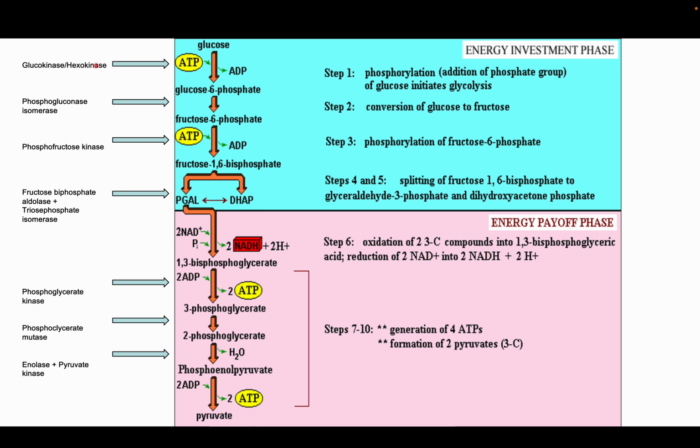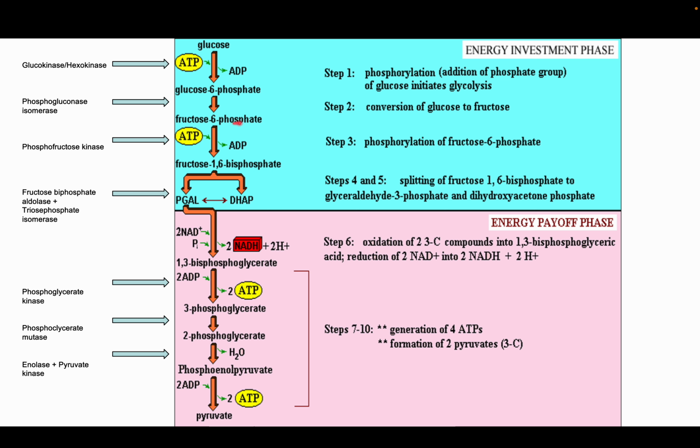Okay? The next step is for glucose 6 phosphate to transform to an isomer, catalyzed by the enzyme phosphoglucose isomerase. So glucose 6 phosphate is transformed to its isomer fructose 6 phosphate.